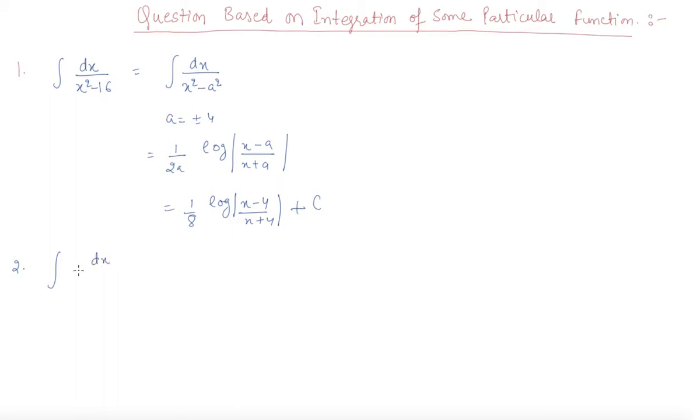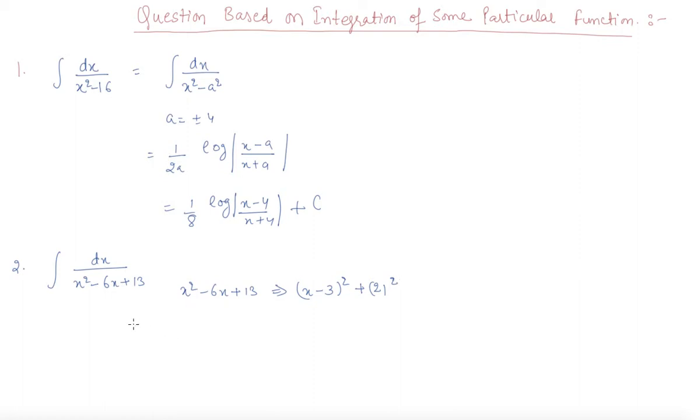Okay, now let's move to another example, which is dx over x square minus 6x plus 13. So this is an example of a quadratic given in the denominator. So I can write this quadratic as x minus 3 whole square plus 2 square.